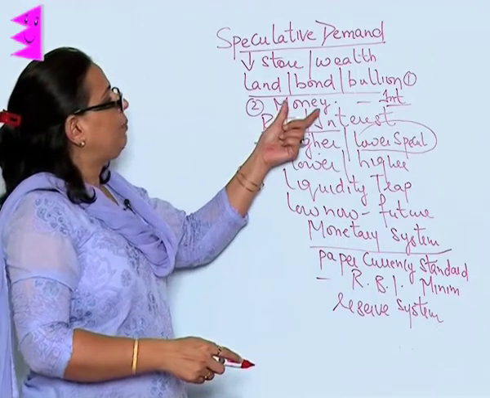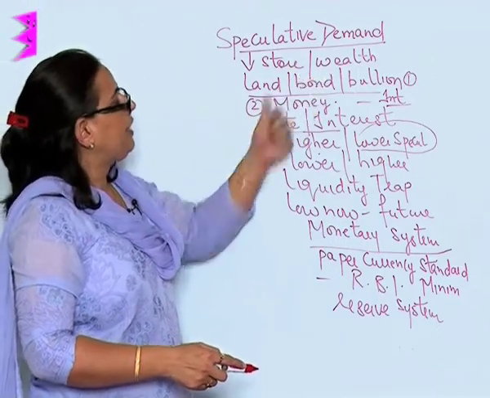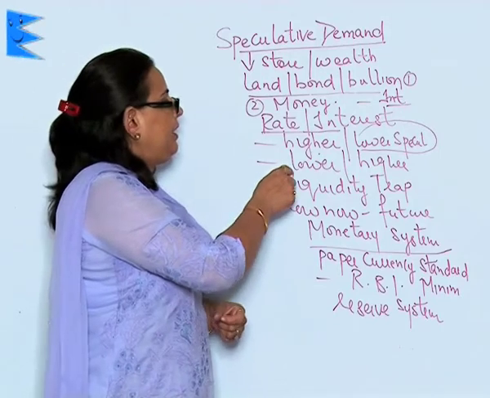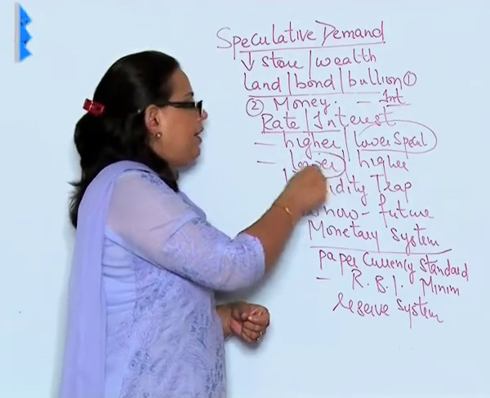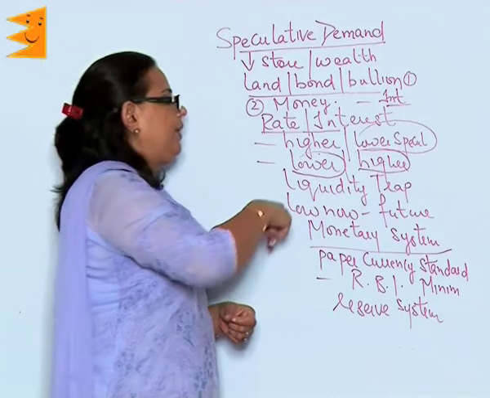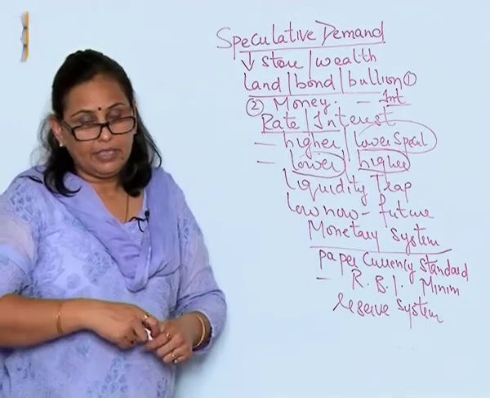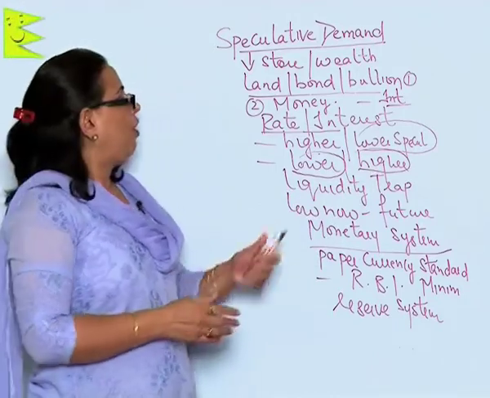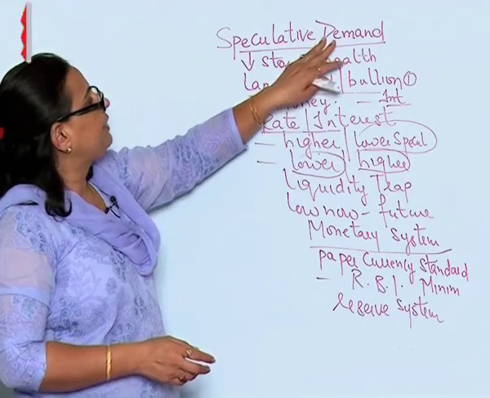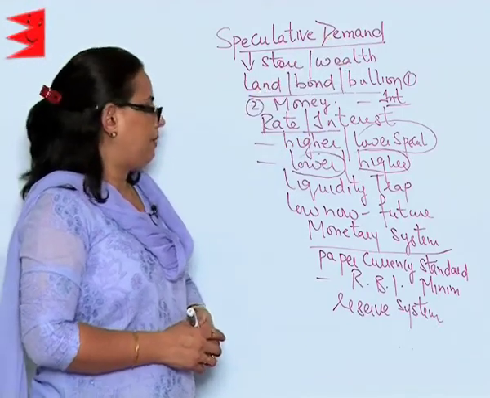That is, I shall be putting more in the bank and not putting it otherwise. But if the rate of interest is lower, then there is a higher speculative money. This is the inverse relationship of the rate of interest and the speculative demand of money.